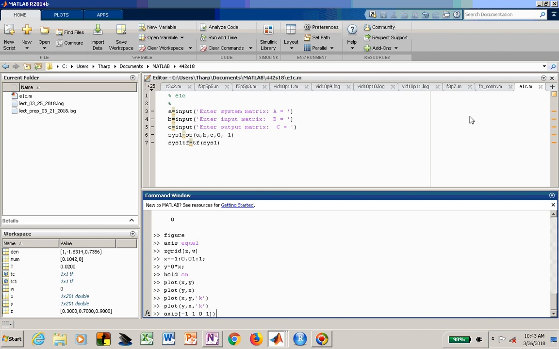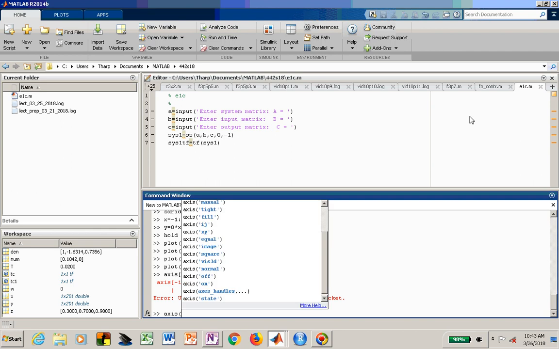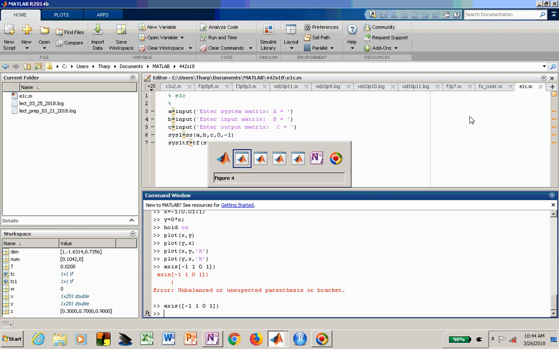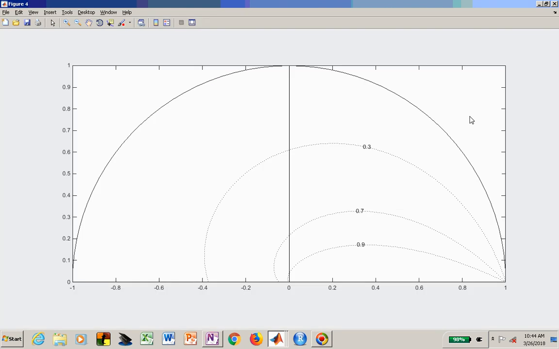So now we're just looking at the top half of that particular graph, and you can see that I entered the command wrong. I forgot to give axis the function a left parenthesis, and maybe instead of retyping that, I can just up arrow, and now it's actually balanced for me, and now I should be able to issue that command without an error. And now you can see that we just have the top half of that z grid with zeta values of 0.3, 0.7, and 0.9.